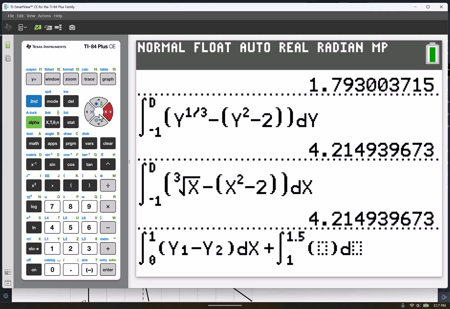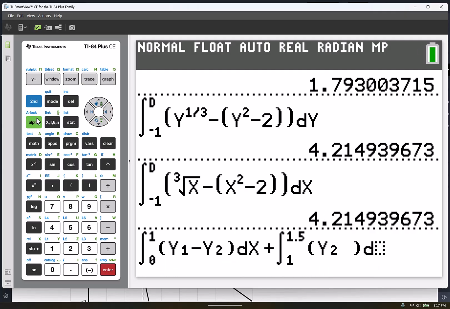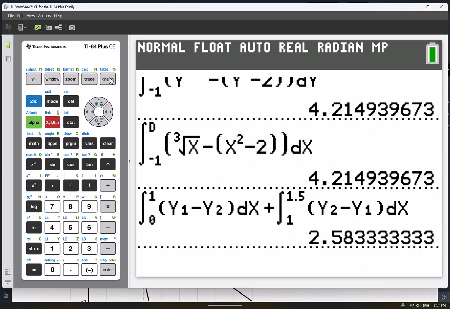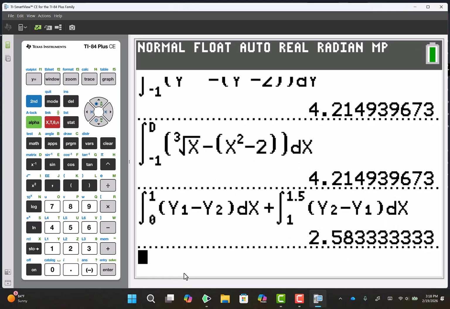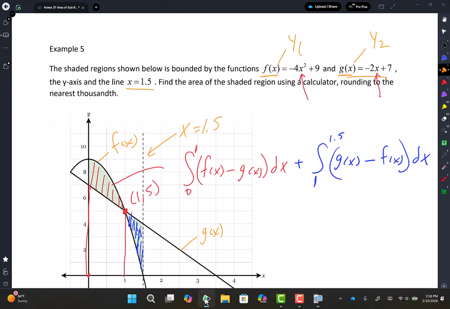And now I think I put it in y2 minus y1. So alpha trace y2 minus alpha trace y1, and then x. Enter. 2.5833333333. Math, frac, enter. 31 over 12.